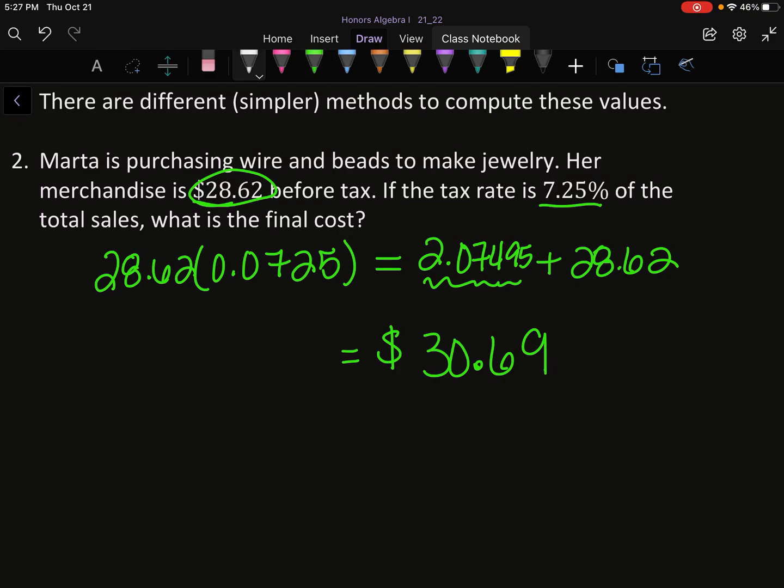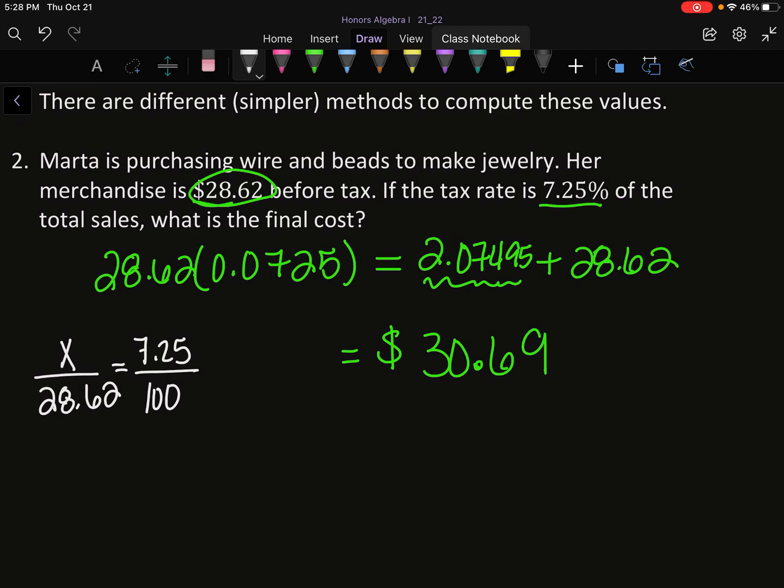Some of you might have been like, okay, well, what is 7.25% of 28.62? Same kind of idea as the green stuff, just using a proportion. I'm still going to have to find whatever that percentage is, and then I'm going to have to add it on to the original, right?